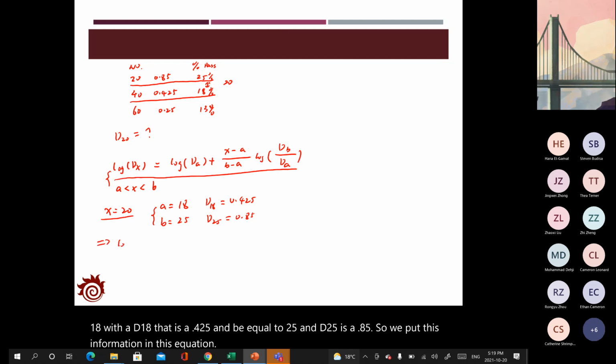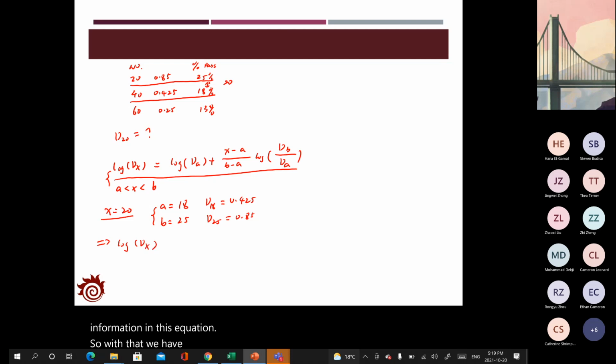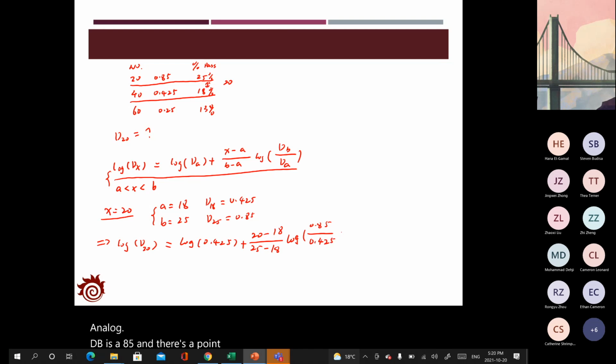With that, we have log D20 equal to log of 0.425 plus (20 minus 18) over (25 minus 18) times log of (0.85 divided by 0.425).